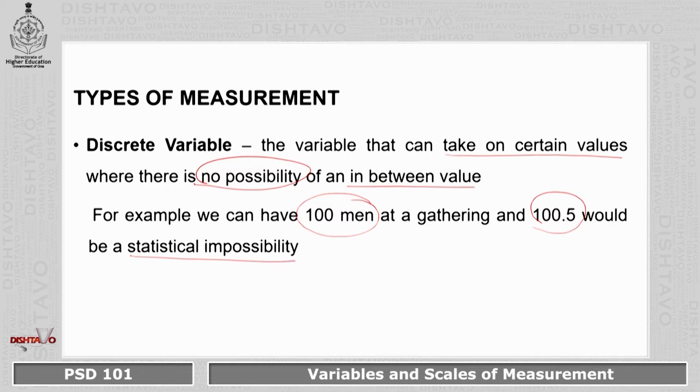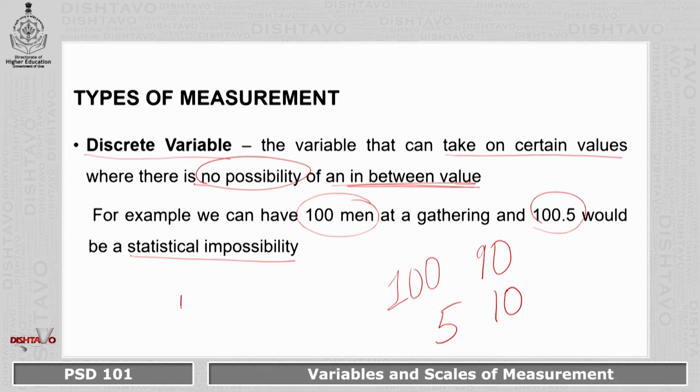So the number 100 without any kind of point would indicate a discrete variable. When we talk about numbers like 100, 90, 5, 10, or any number that in entirety gives you a value without an in-between value, that is called a discrete variable.